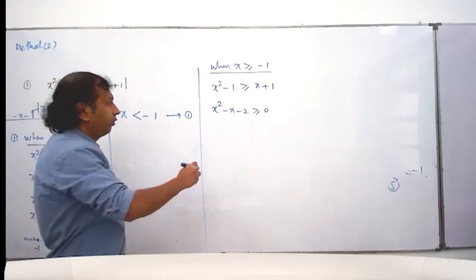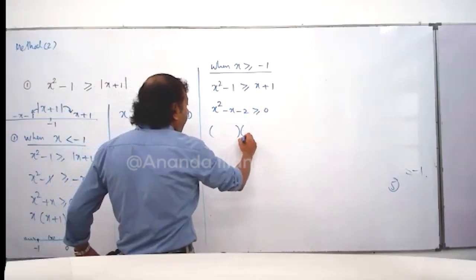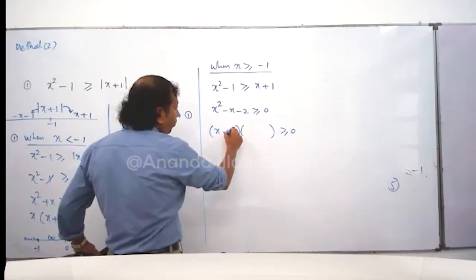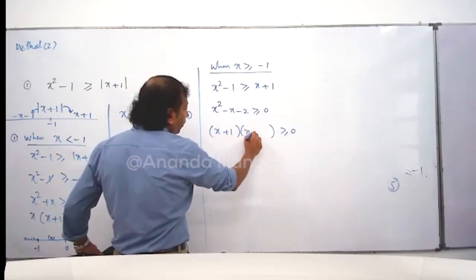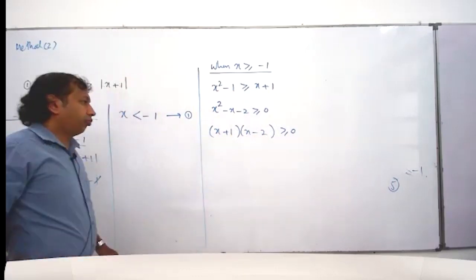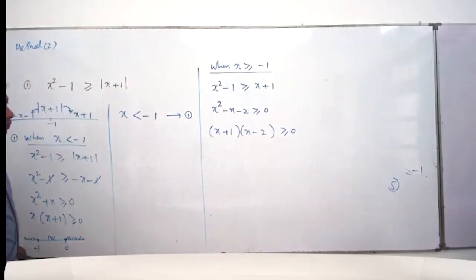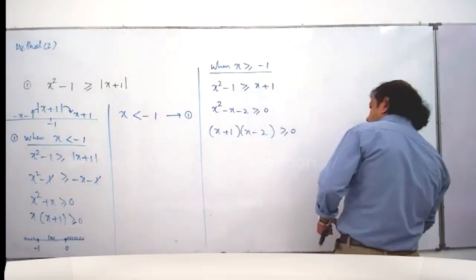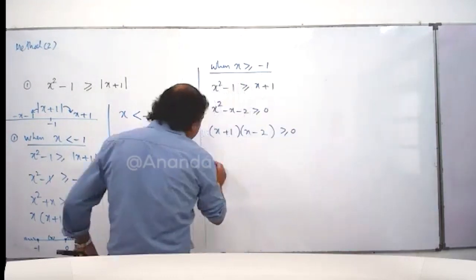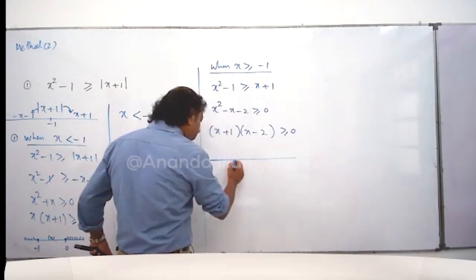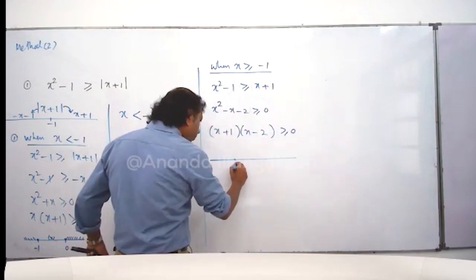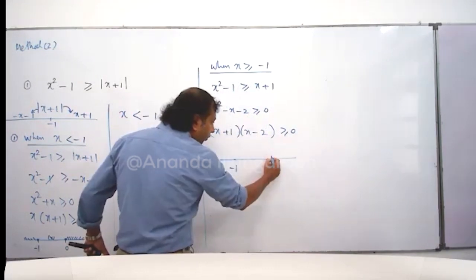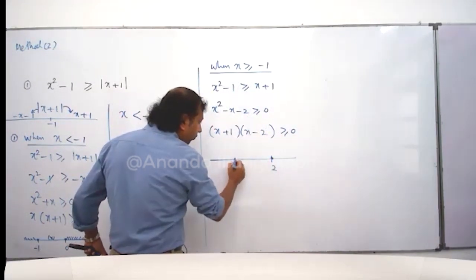Then factorize this: x plus 1, x minus 2. Then here, what is the interval? Minus 1, here 2. Since here we have an equal sign, we have taken both values.